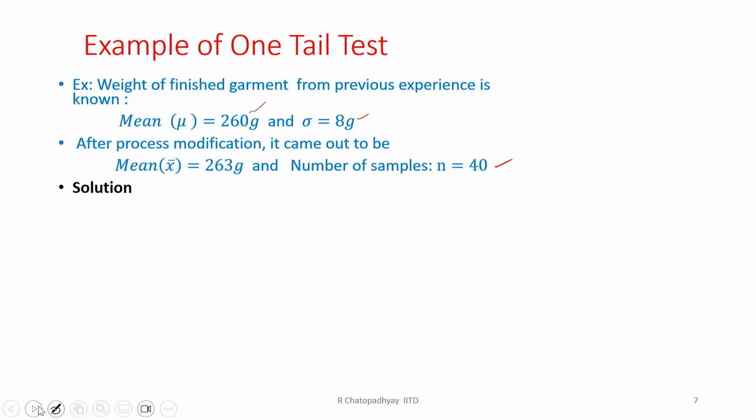Now, in a one-tailed test, we'll be asking only one question. The null hypothesis says there is no change, so mu is equal to 260, though the sample mean came to be 263. And what alternative hypothesis are we writing here?